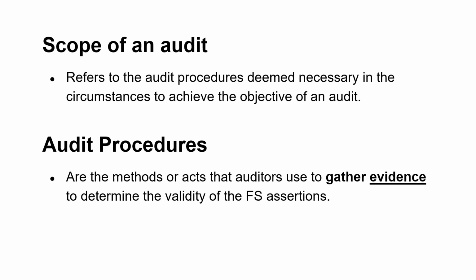In the course of evaluating the story, we need to gather evidence. And to gather evidence, we need to perform audit procedures. So if you can picture it out in your mind right now, well, it starts with the assertions. From the assertions, we come up with objectives, and the objectives will lead us to the procedures that we will be performing.